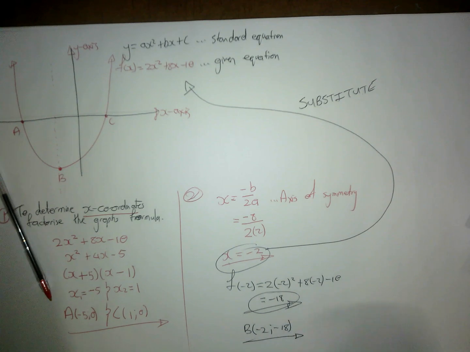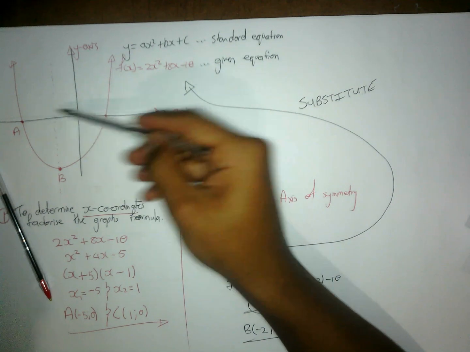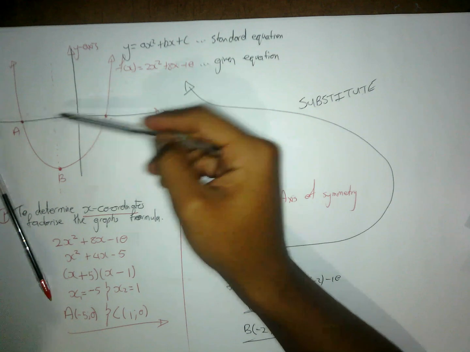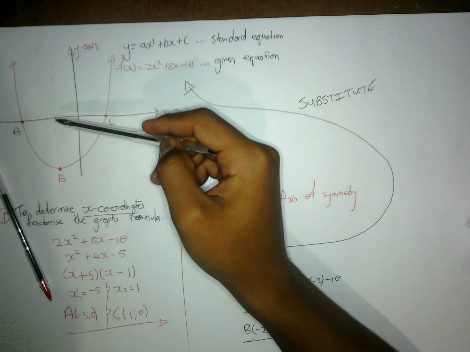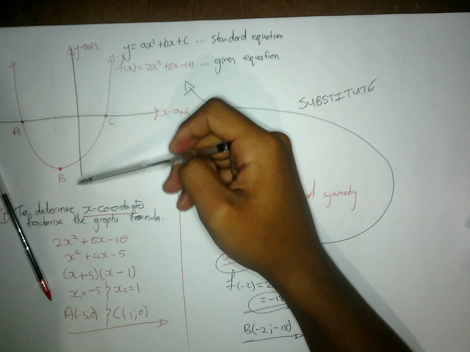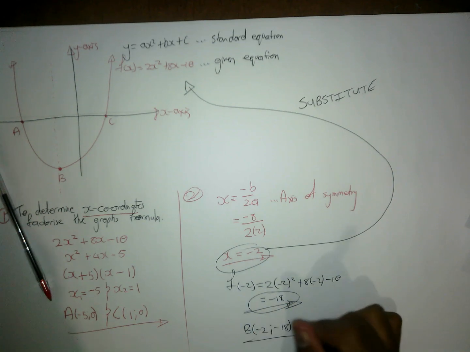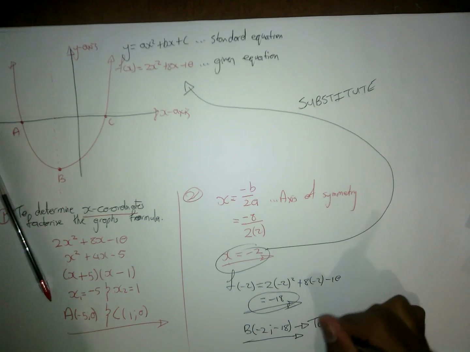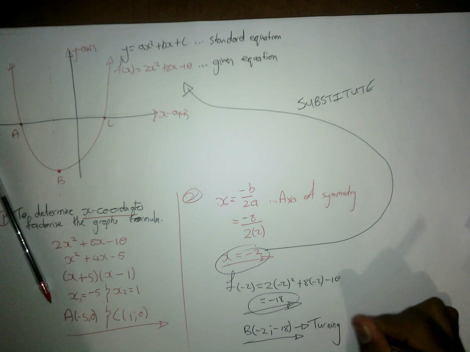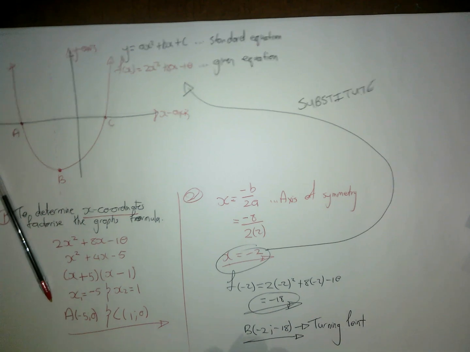That makes sense because B is falling in the negative for the x range of the graph, and also in the negative for the y range of the graph. This B is also known as our turning point.